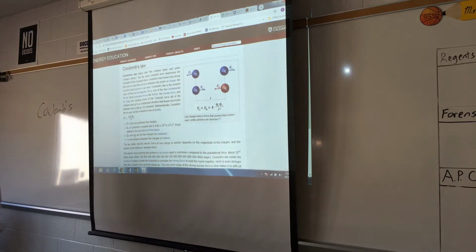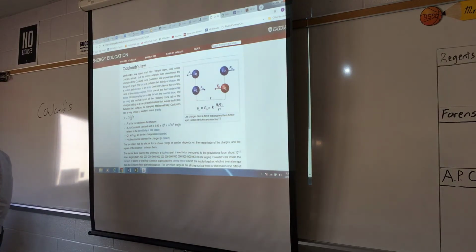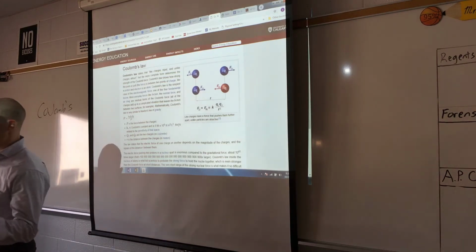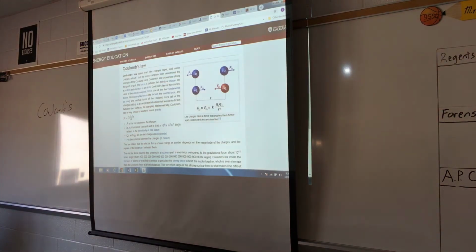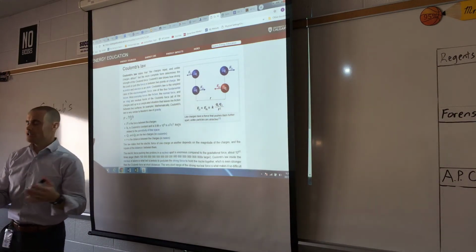All right? But let me explain a little bit about the symbols here. F stands for force, right? So you're going to want to write this down. F stands for force. K is a constant. Now, I'm not going to actually have you use this equation. You don't have to do calculations with this. It's just understanding what Coulomb's law is and then why this equation is relevant.